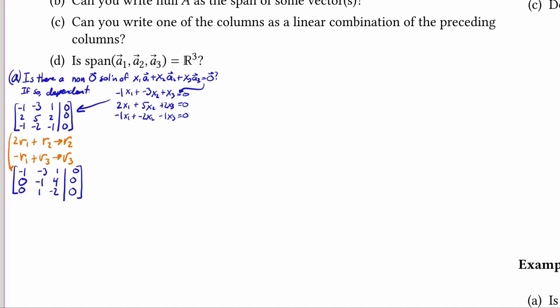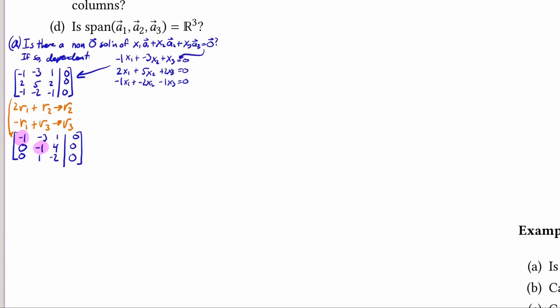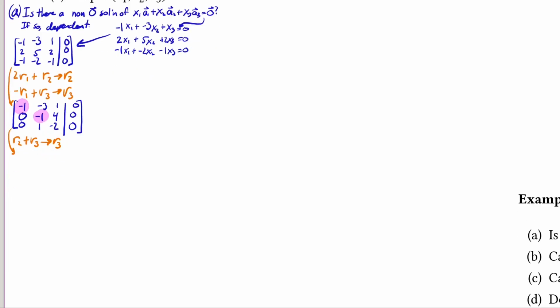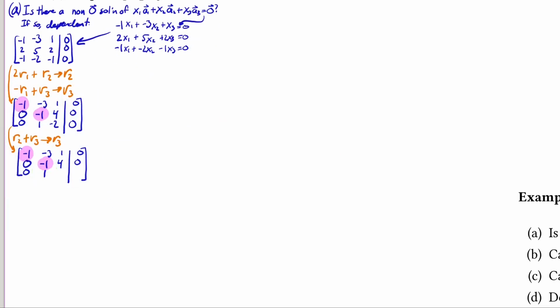Next we have a leftmost non-zero entry here, so that's going to end up being another pivot position. We can clear away what's below that by adding row 2 to row 3 and replacing row 3 with that result. So there we go.